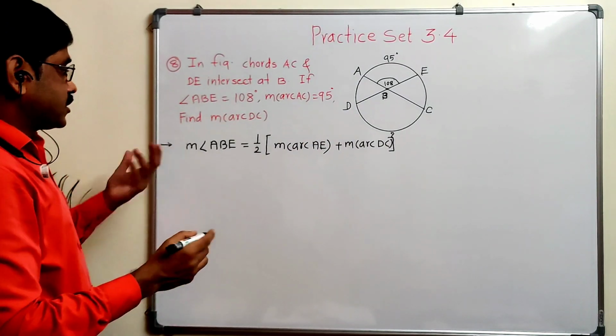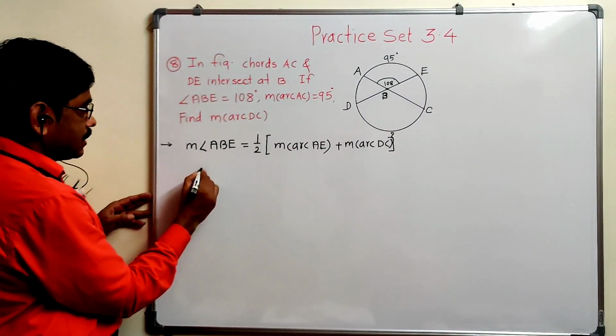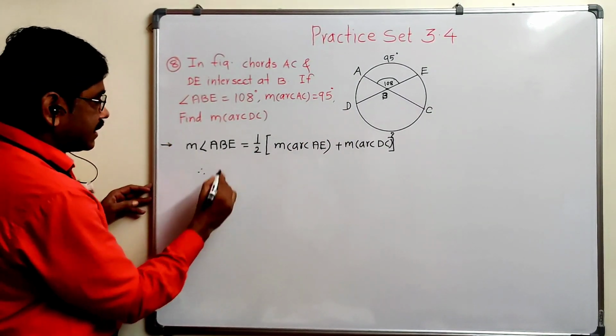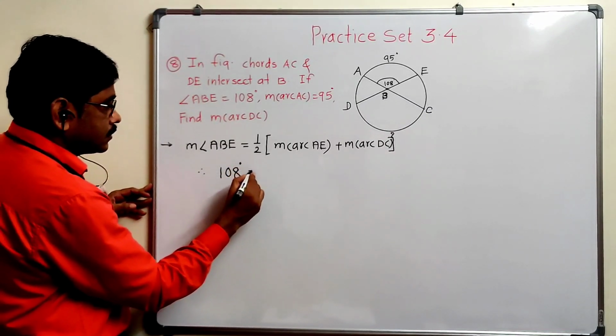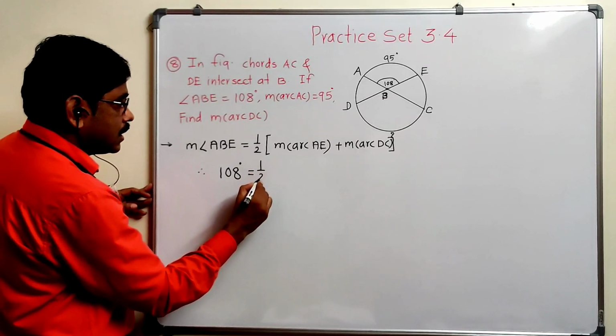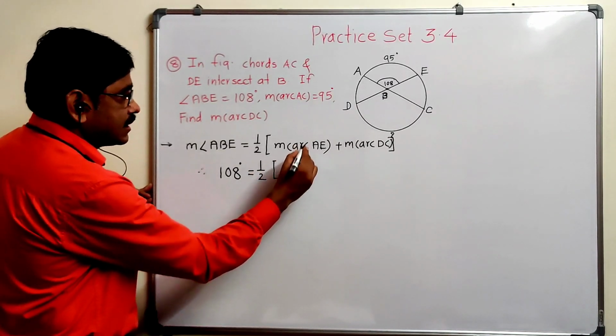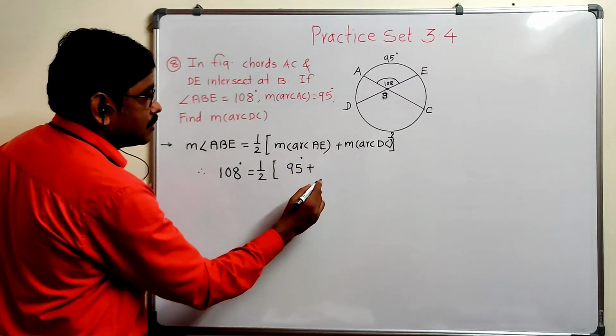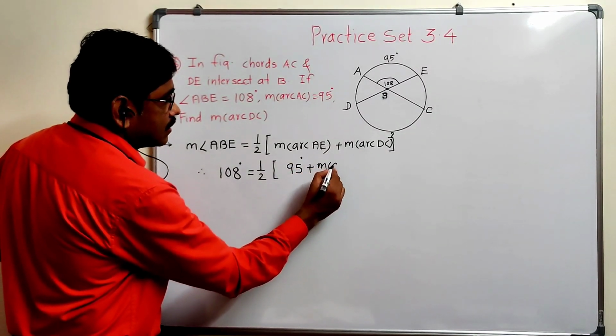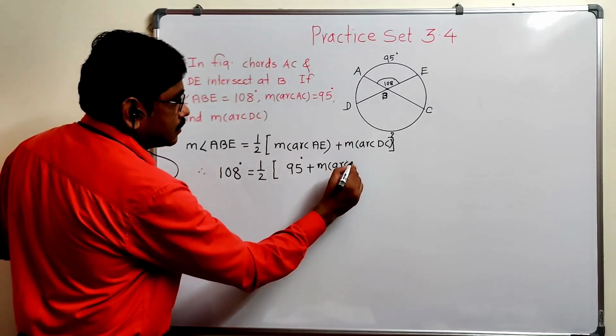Now substitute the value. ABE is equal to 108 degree, is equal to half into bracket, this AE is given 95 degree plus major arc DC.